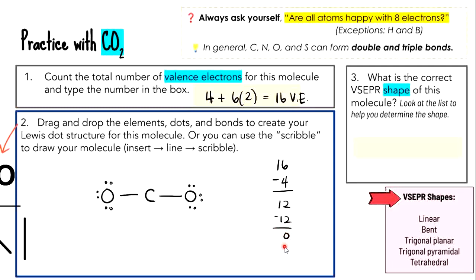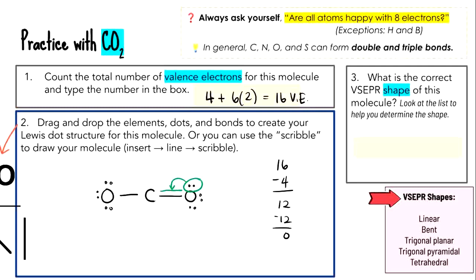So what do we do? Well, in this case, the oxygen is going to share more of its electrons with carbon. And guess what? That's how we get a double bond. So these electrons are going to share and form that double bond.